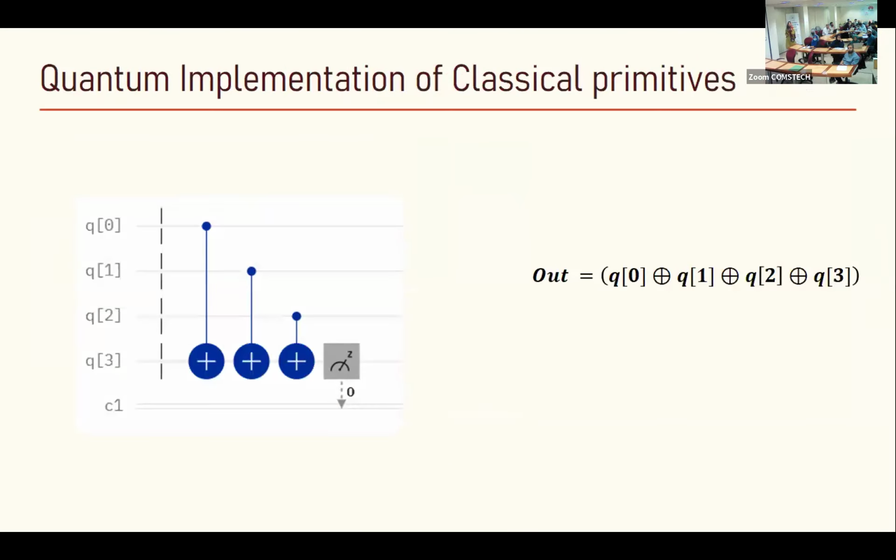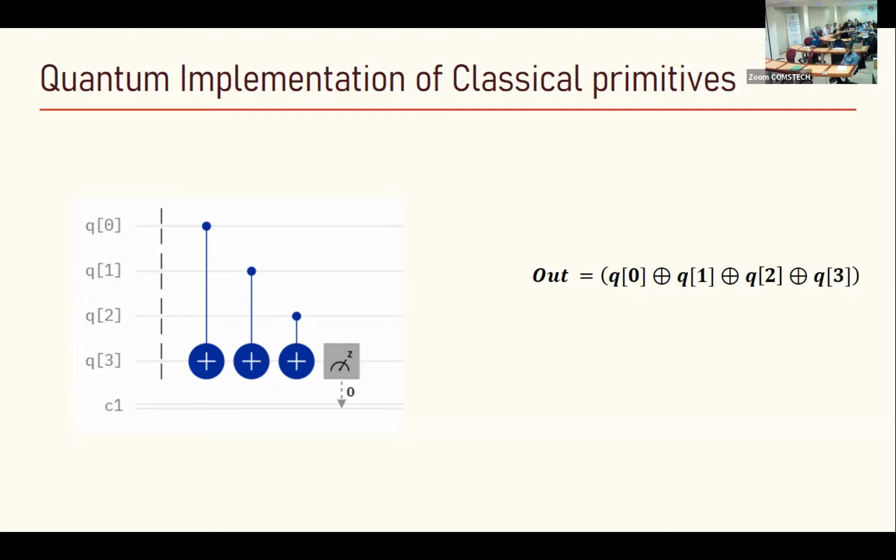Okay. So now, if I have this kind of mathematical expression in which input A is XORed with input B, is XORed with input C, is XORed with input D, verify: is this circuit correct? So we have XOR functions.